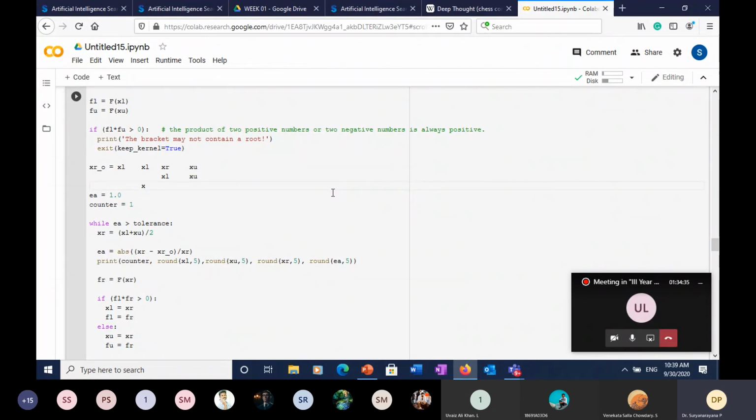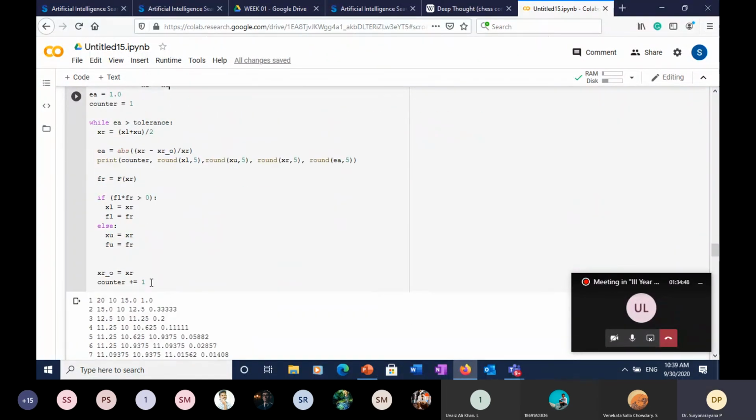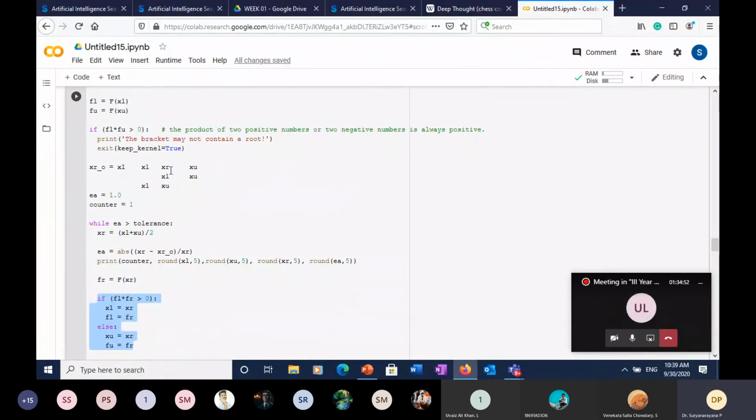In that case, for the next iteration, the XL will stay the same and XU will be changed to XR. See, this is the original bracket, and after we do this checking, we see with which of the limits the function value at the XR matches.